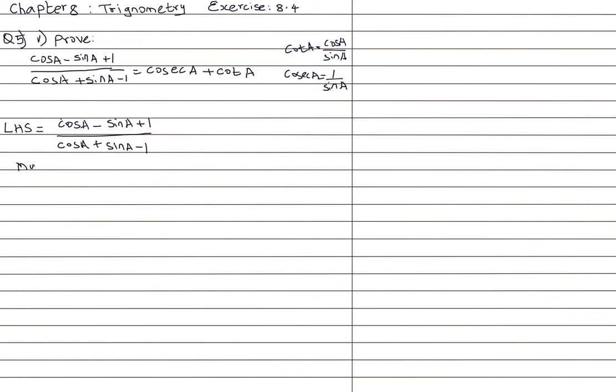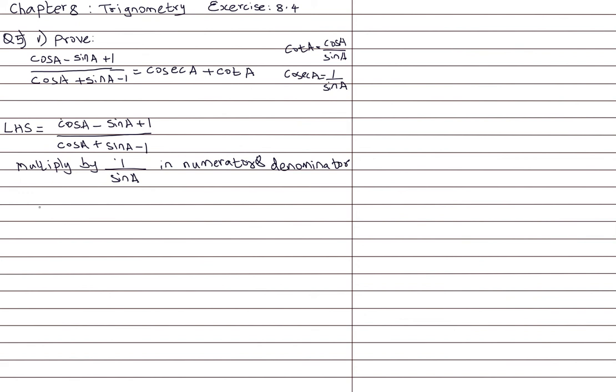Multiply by 1 by sin A in numerator and denominator. Or we can also write divide by sin A in numerator and denominator.